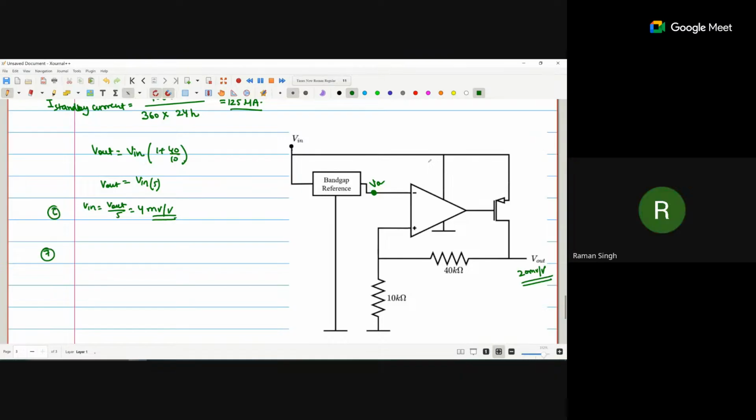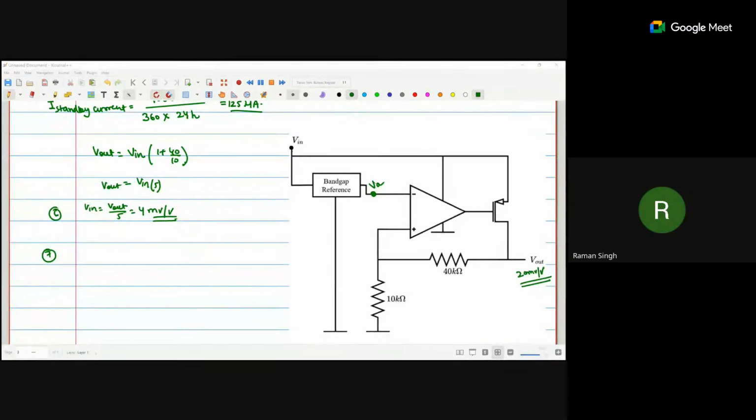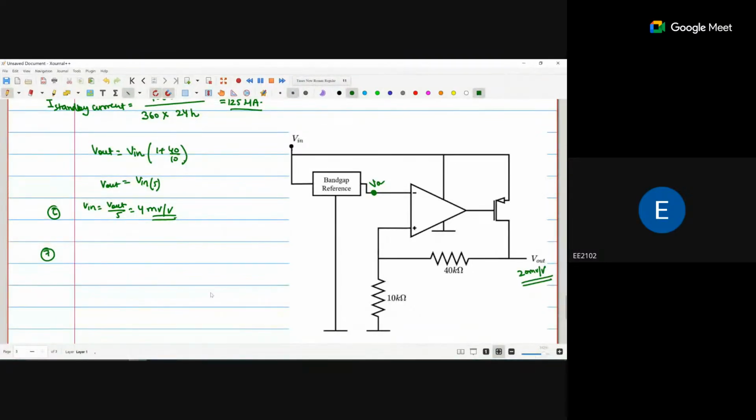No, sir, question number fifth. Yes, fifth, sir. Now here you have to change 30 millivolts. You required 30 millivolts per volt. Now you know that V out is equal to V in times 1 plus RF by RA. So 30 divided by 4 equals 1 plus RF by RA.